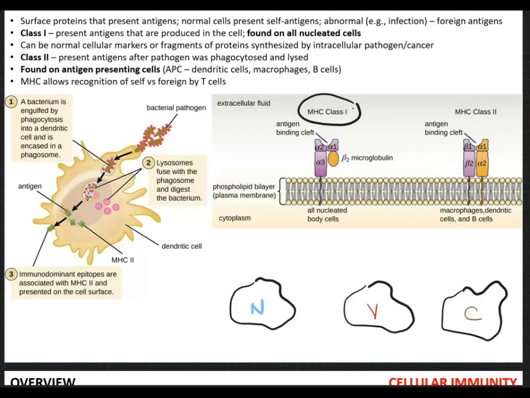All these cells carry this MHC class 1. The function of that complex is to stick an antigen that is produced in the cell, some kind of a peptide, on the cell surface.